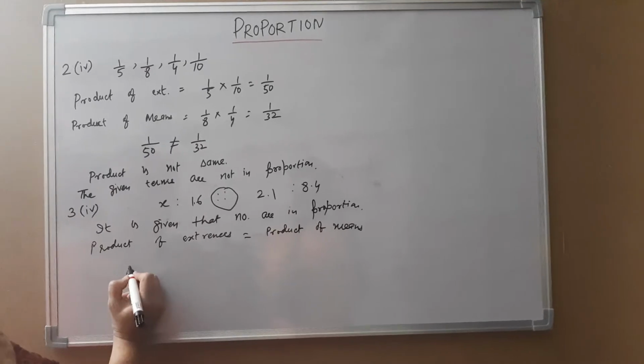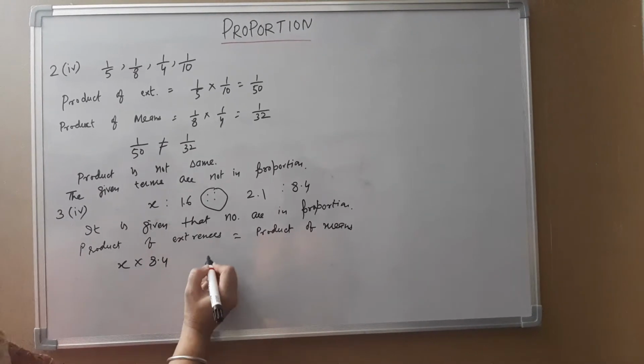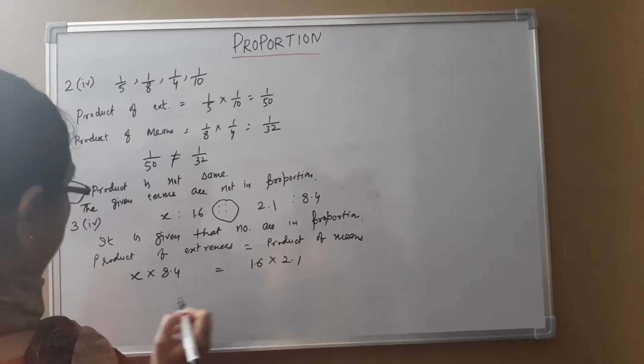And what is the product of extremes? x into 8.4 is equal to 1.6 into 2.1.